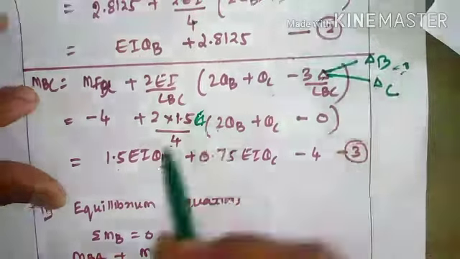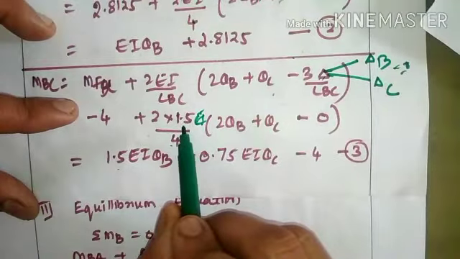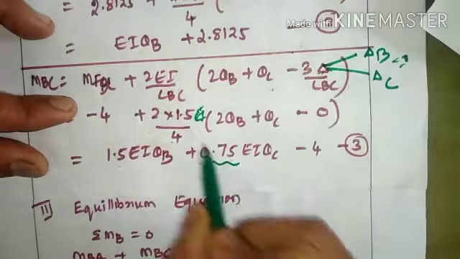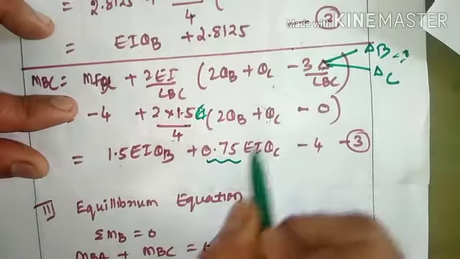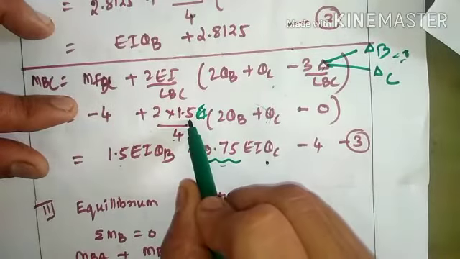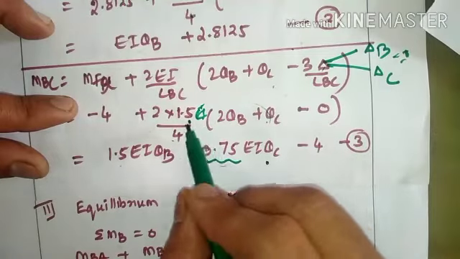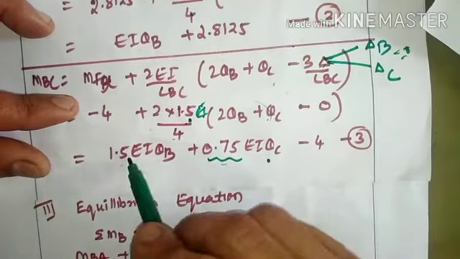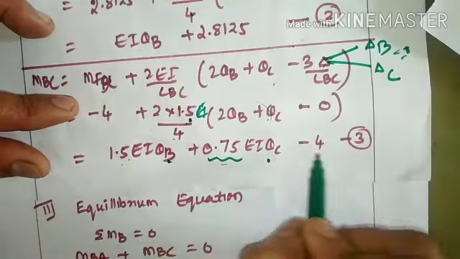Substitute the value. 2 into 1.5 will be 3, 3 by 4 will be 0.75 EI theta C. That is, when it goes within the bracket, it will be 0.75. 2 into 1.5 is 3, 3 into 2 will be 6, so this is 1.5 EI theta B minus 4.